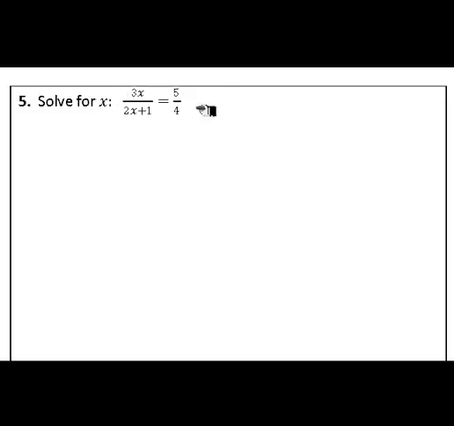This equation is basically of the form a fraction is equal to a fraction. So what we do in this case is we can cross multiply. Let's start with 3x times 4. That's 12x is equal to 5 times 2x plus 1.